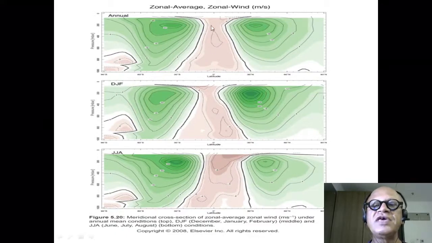So we had weak easterlies in the tropics, and then zonal winds that were increasing from the surface to height, and they had a seasonality where the winter hemisphere had the strongest jet stream. You can see that DJF is the northern hemisphere winter, JJA is the southern hemisphere winter. So the jet stream is weaker here, stronger here, weaker here, stronger here, and so on.